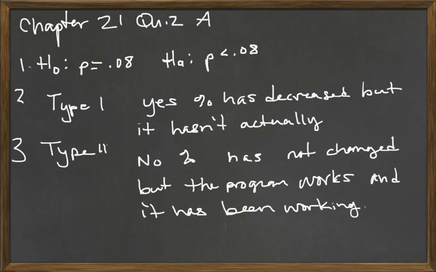Okay, so the next part, number 4, says based on the data they collect during the trial program, management found that the 95% confidence interval for the defective chips was 5% to 7%. What conclusion should the management reach about the new incentive program? All right. So this is number 4.